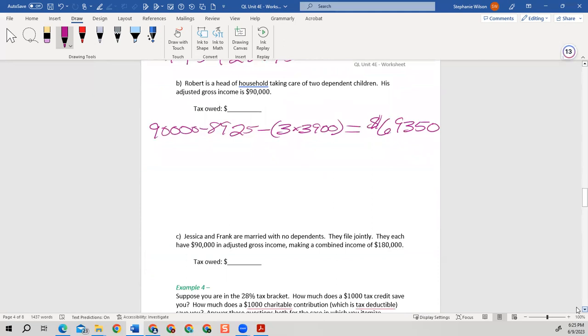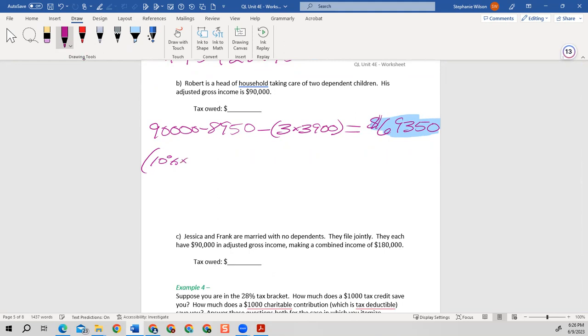I second guess myself, and $89.50 was correct. Okay, no, that's right. So the taxable income is $69,350. So when I go back up here to the top, I'm going to have 10% at so much.